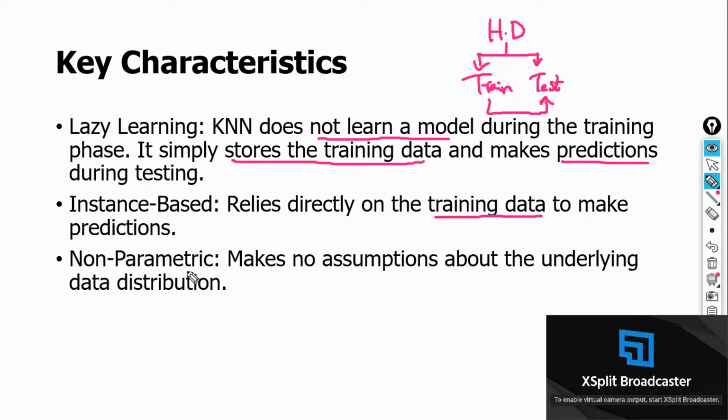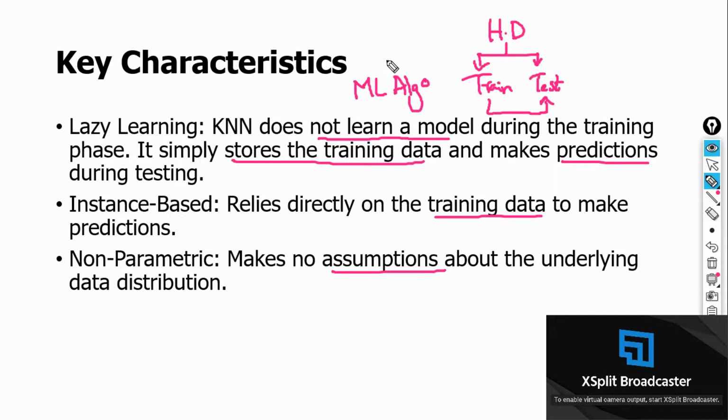And non-parametric, we also spoke that KNN is non-parametric. The reason is, it does not have any kind of assumptions. In general, the majority of ML algorithms have some kind of assumptions, like data should be normally distributed, or it should fall within a certain range.